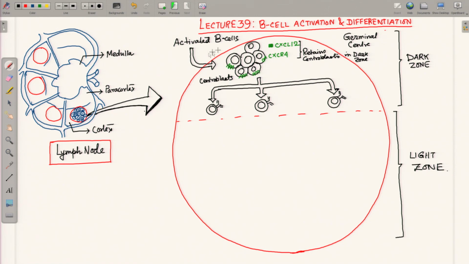They have been activated by an antigen, as we have seen in our previous lecture. Now these B cells are activated, and these centroblasts will undergo what is called somatic hypermutation.